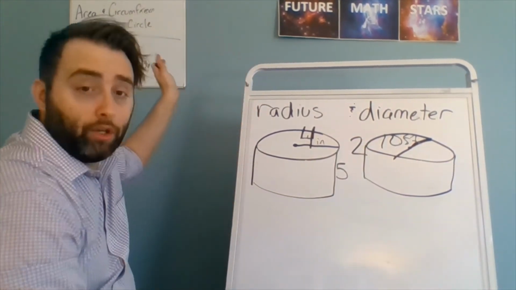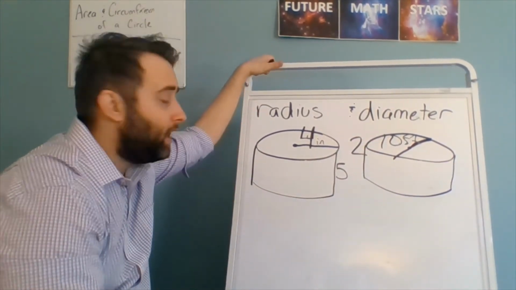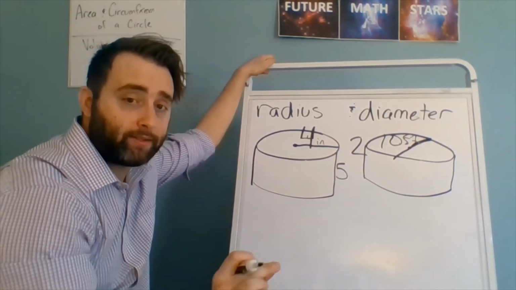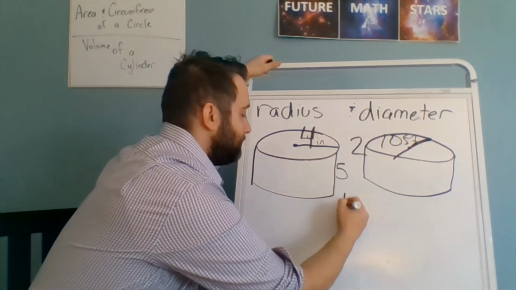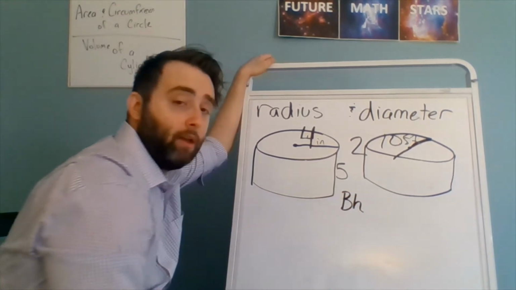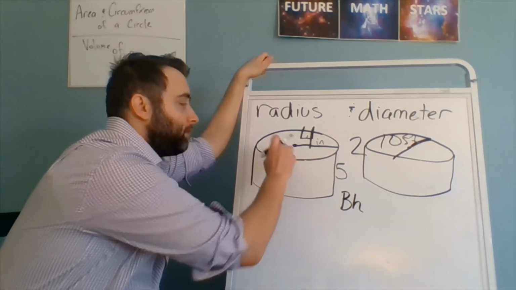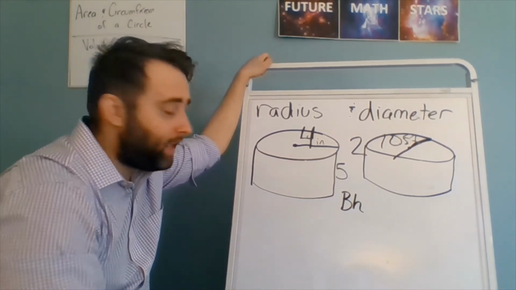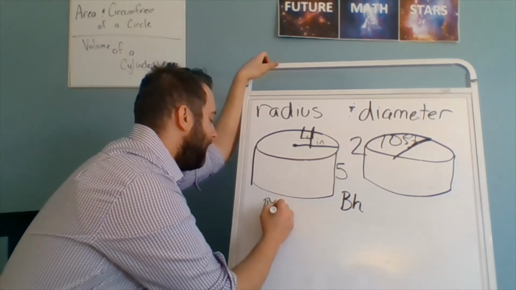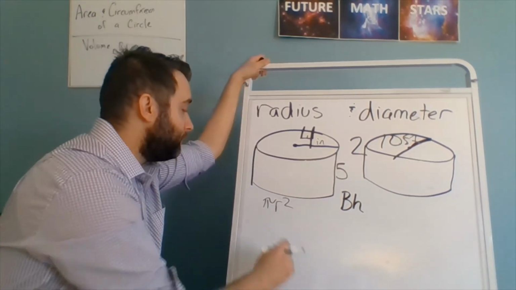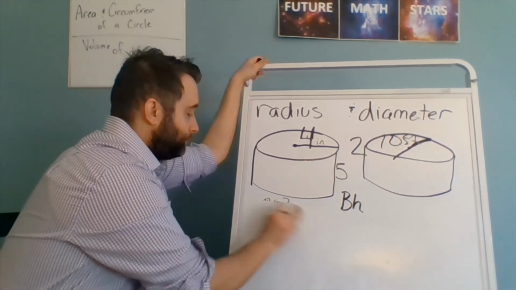Now, volume. Volume of a cylinder. Volume is always the same thing regardless of what your shape is as long as it's a prism. It's area of your base times height. Area. How do we find area again? Pi r squared. Sorry if that's small, but we just went over it. Pi r squared.